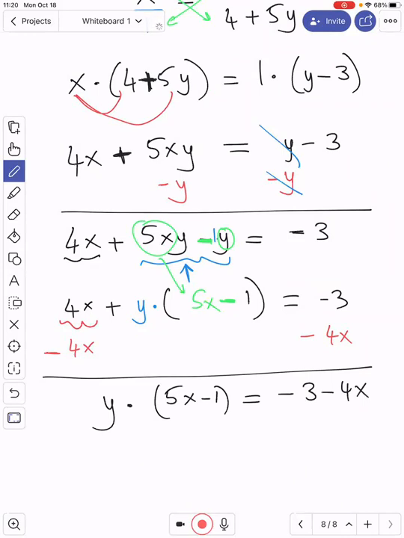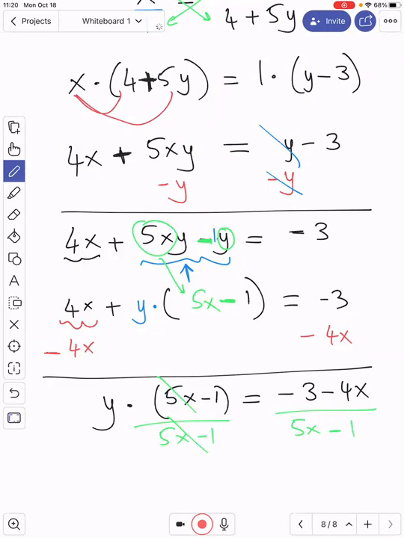Okay. So now, guys, you see why I subtracted 4x? Because now I can divide by this 5x minus 1, so it's gonna cancel out. And of course, you have to do the same thing on the right side, so it's also divided by 5x minus 1.